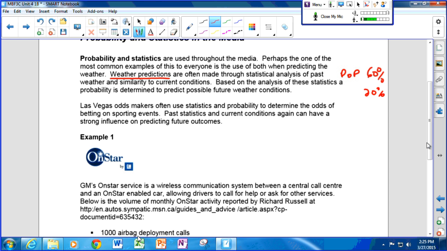And that's just because maybe they look at the fact that over the last 90 days, when these same weather conditions occurred, or maybe last year when these weather conditions occurred, it rained 60% of the time. Right? Maybe that's how they come up with it. Okay? So when they're saying a probability, even if it's a very high probability, it doesn't necessarily mean it's going to happen. Okay?